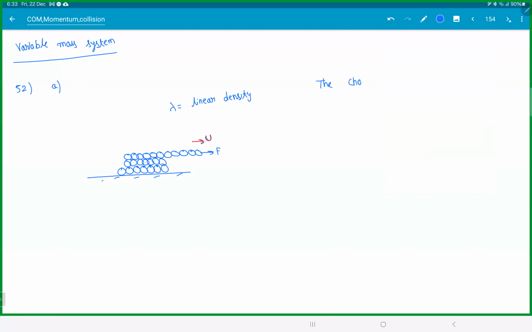So the chain is pulled out of the heap with constant speed u. Find F. The chain is pulled out by force F with constant speed u.